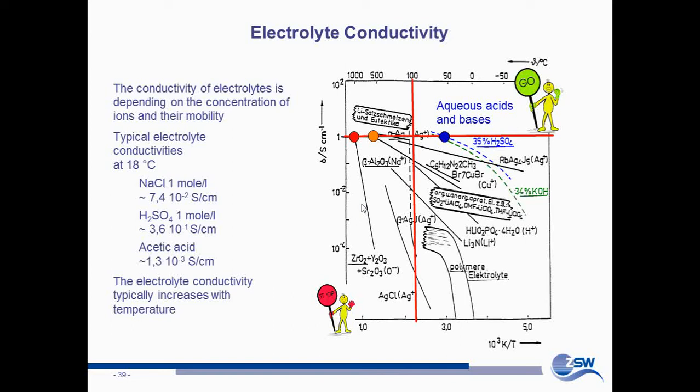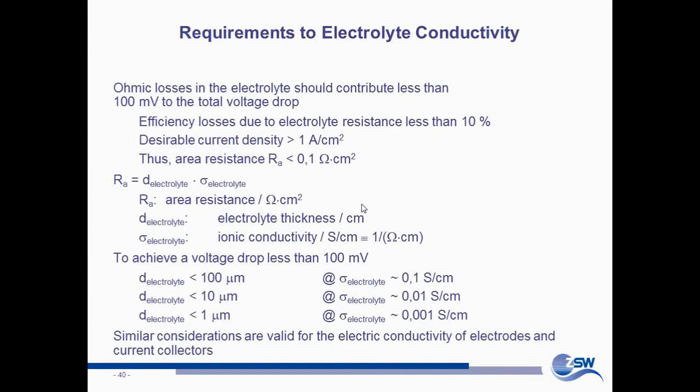If we want to drive a fuel cell to really high current densities, we need low resistance in the fuel cell. So at a given conductivity, we can reach a certain area resistance by just making the material thinner or thicker, right?